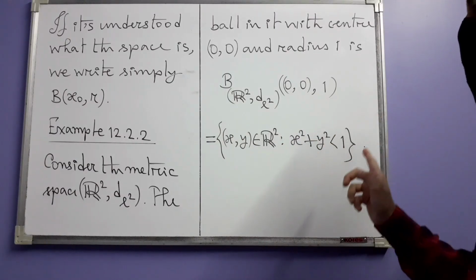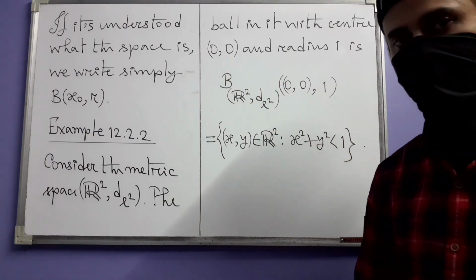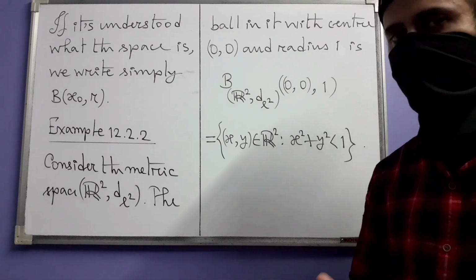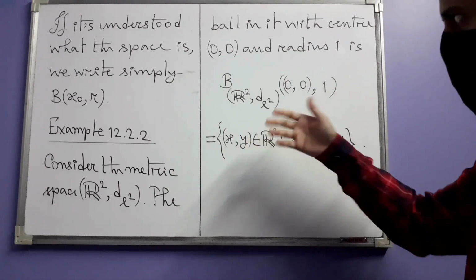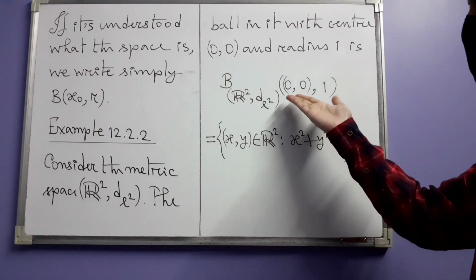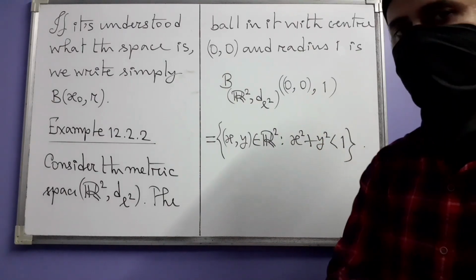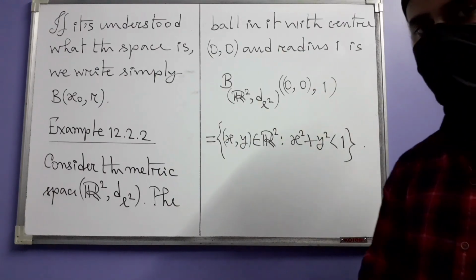But that being less than 1 is equivalent to having x squared plus y squared less than 1, because x squared plus y squared is a non-negative real number. That's why you can clearly see that this ball is just your unit disk in the plane whose center is at the origin.